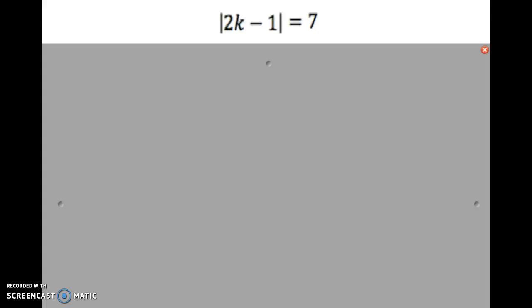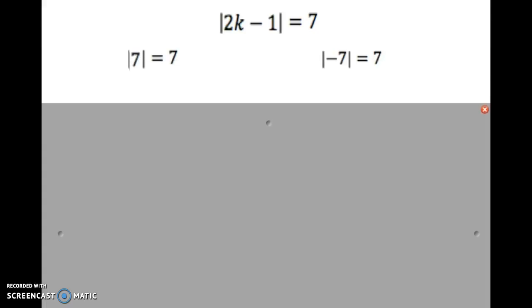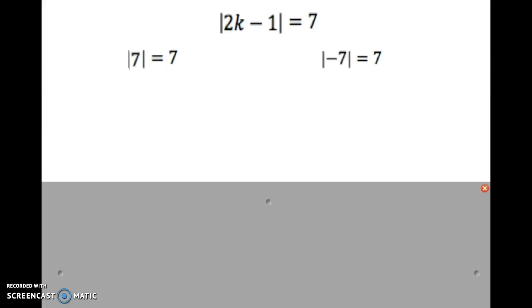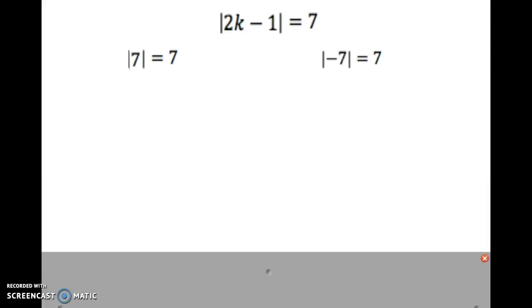Let's try one that's a little harder. This time we've got the absolute value of 2k minus 1 equals 7. Once again, we know that the absolute value of 7 equals 7, and the absolute value of -7 equals 7. So that 2k minus 1 can either equal 7, or the 2k minus 1 has to equal -7.